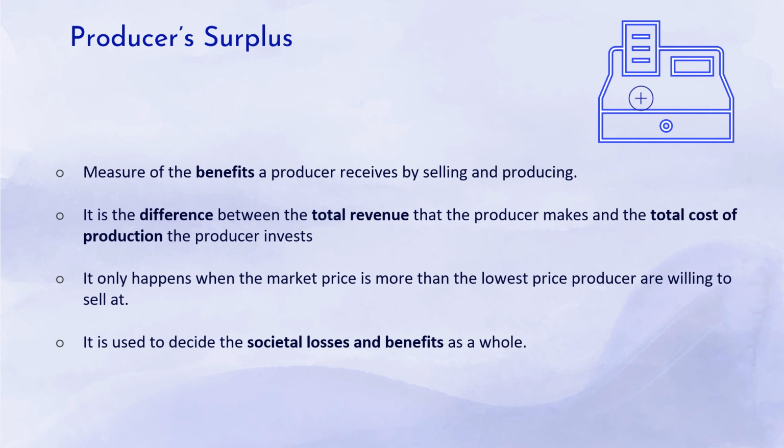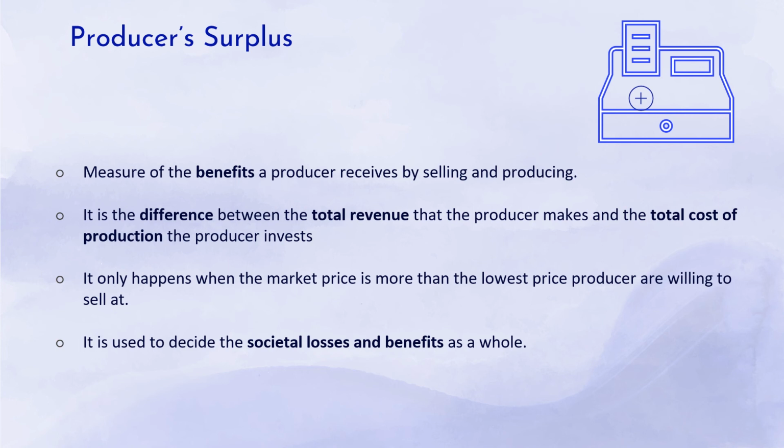They won't be willing to sell at a lower price than the market price, obviously. So this only happens when the market price is more than the lowest price the producer is willing to sell at. And it is used to decide the societal losses and benefits as a whole.